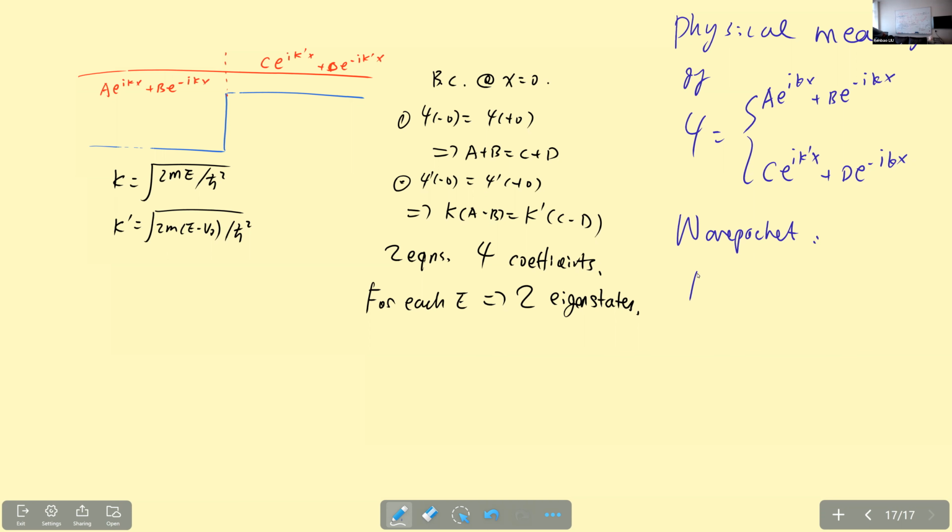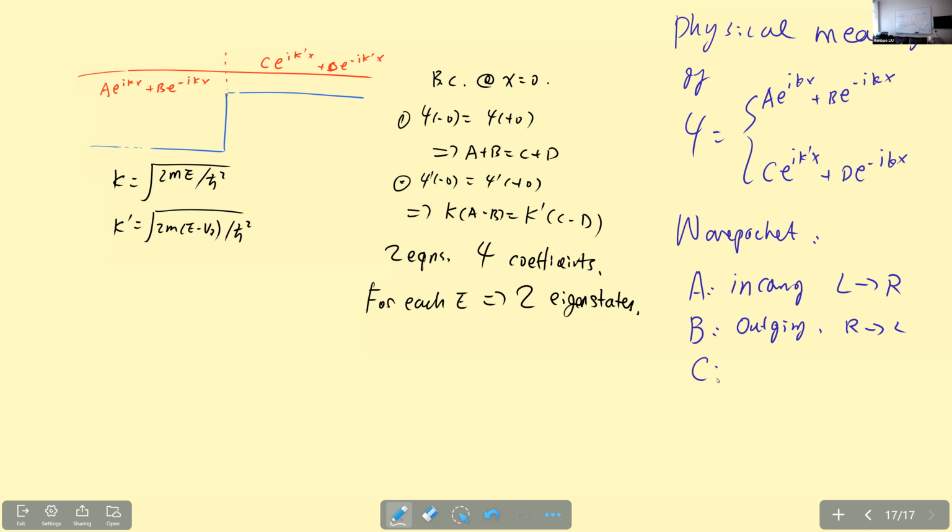So you can see that this A is something incoming, left to right. And the B is outgoing from right to the left.